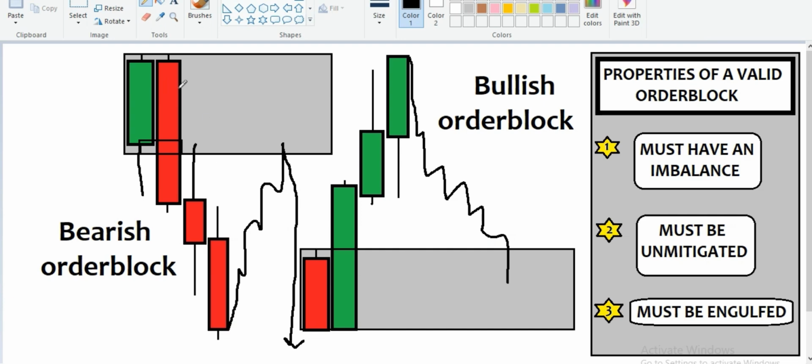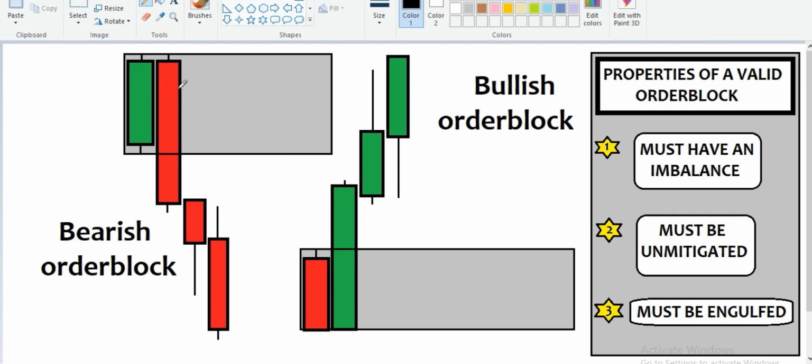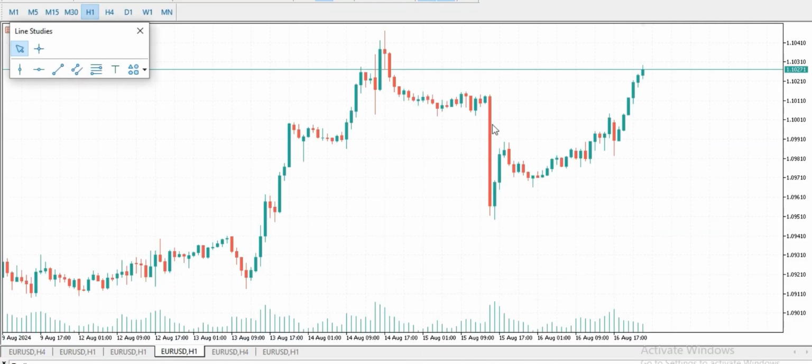Once you mark out your order block from that candlestick, you understand, the next candle after the candle that you marked your order block from should be longer than your order block candle. All right. See here, this candle here should be longer than your order block candle. All right. So let me give an example for what I just did.